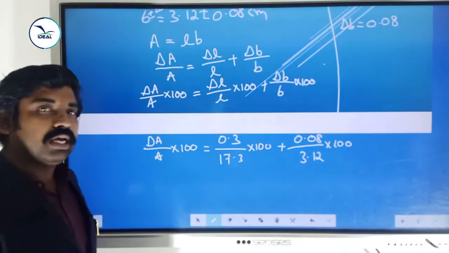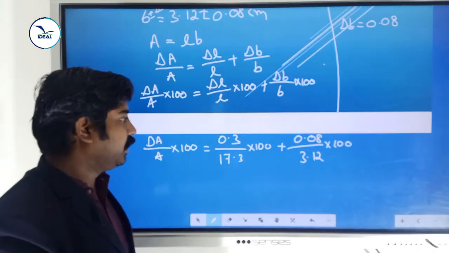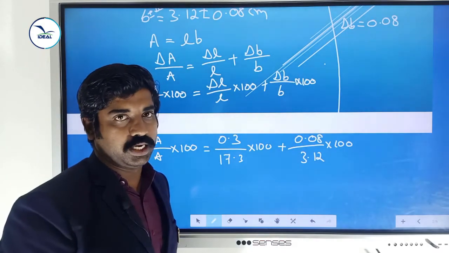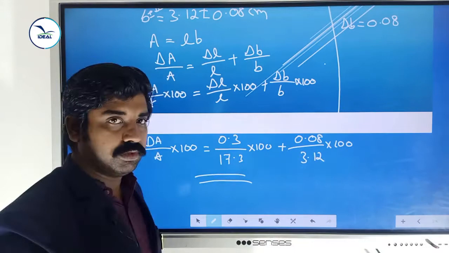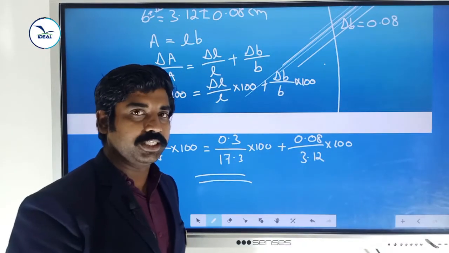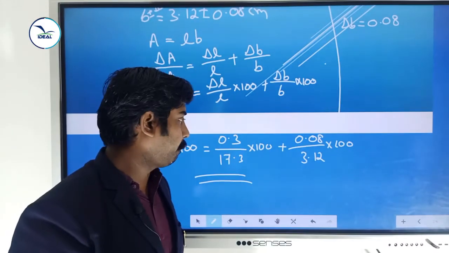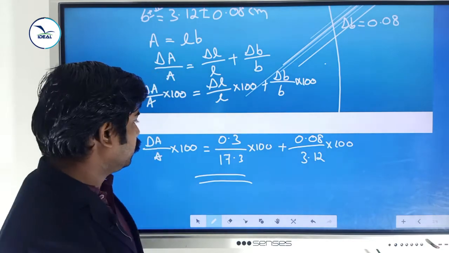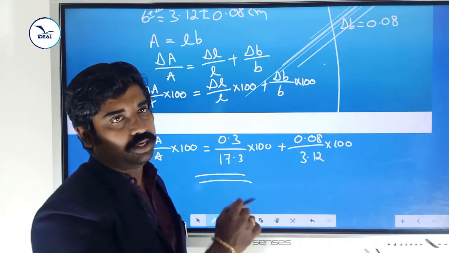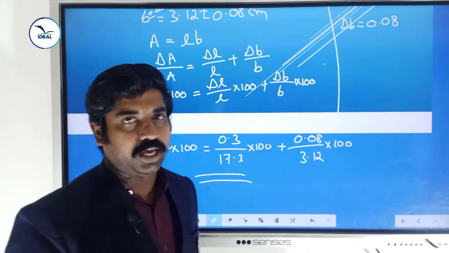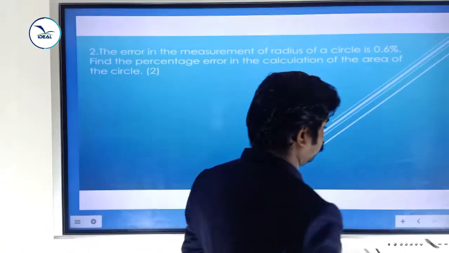This you can calculate, then you will get the percentage error. So this is the answer. You can calculate it by using a calculator. This is the final result for this question. Next we can move to the next question.